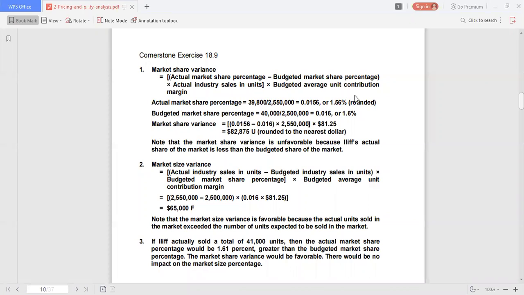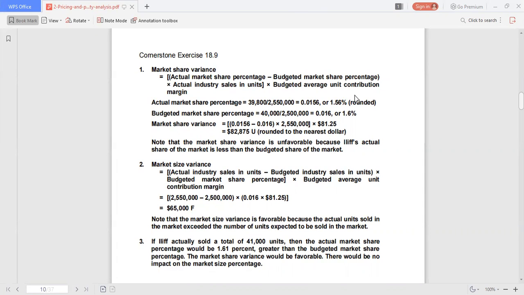So the market share variance is computed by deducting from the actual market share percentage the budgeted or the expected market share percentage, multiplied by the actual industry sales in units times the budgeted average unit contribution margin.